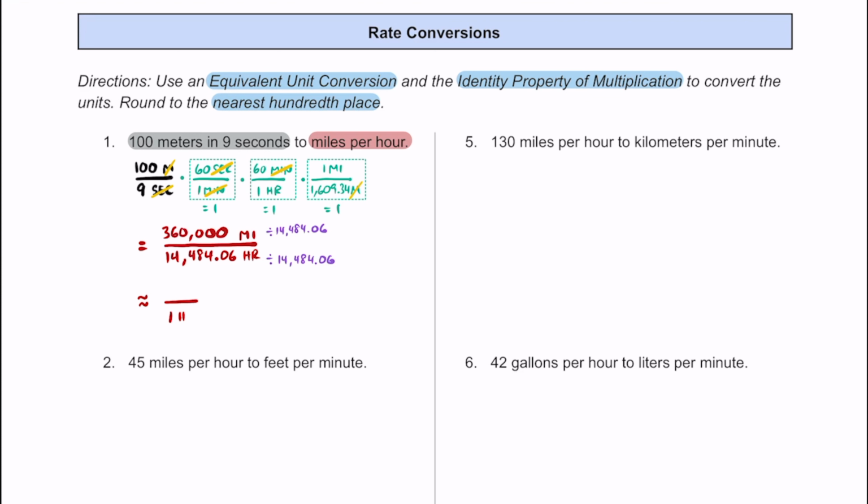So 1 HR or 1 hour here. And on the top, go ahead and type that in. Pause if you need to. And to the nearest hundredths place, we're going to get about 24.85. Now, remember, our units for the top is going to be miles. So this is going to be about 24.85, or a little less than 25 miles per hour. So for this particular problem, we can say this is about 24.85 miles per hour, or mph.